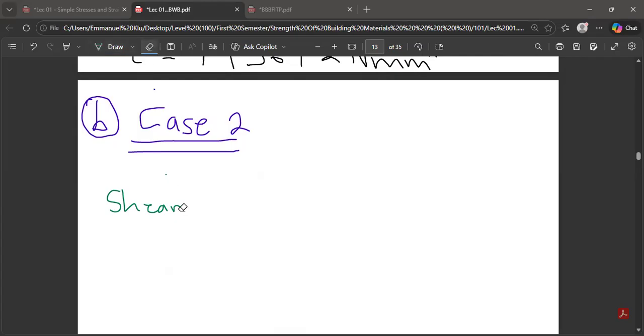Okay, so let me just write the double shear stress. So okay, let's say we are asked to calculate for the shear stress. So the shear stress is unknown.